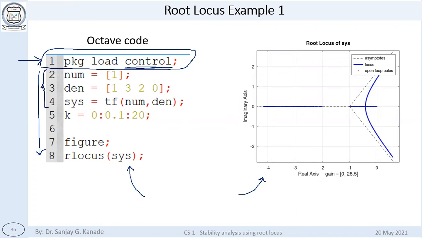As a transfer function is a ratio of two polynomials, a numerator polynomial and a denominator polynomial, using line numbers 2 and 3 we are defining the coefficients of the numerator and denominator polynomials. Then line number 4 converts that into a transfer function system, or transfer function model. Now, how are we defining the coefficients?